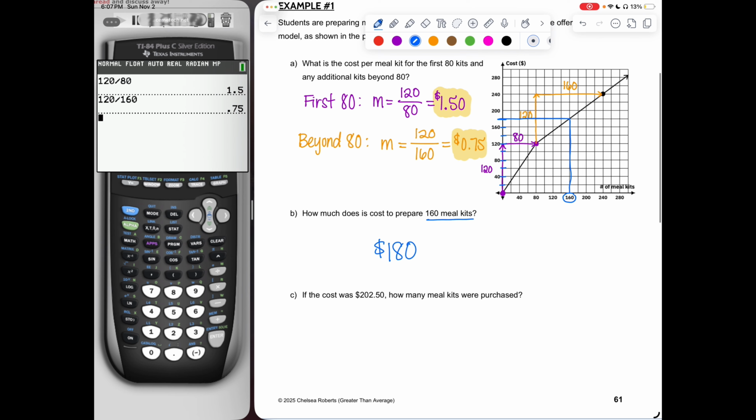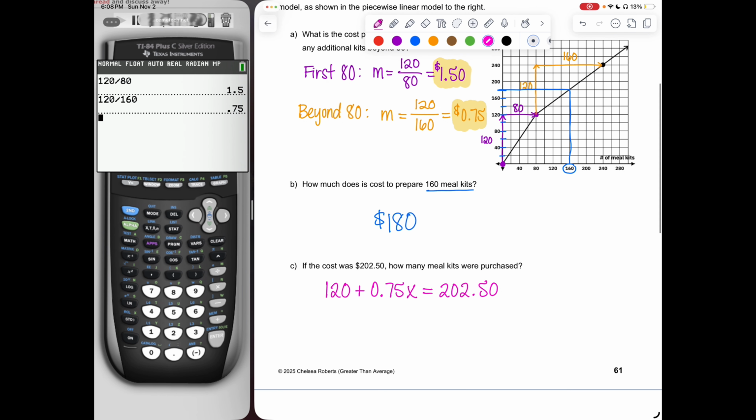Part C says, if the cost was $202.50, how many meal kits were purchased? We know that we have to pay $120 for the first 80 meal kits plus 75 cents per each additional meal kit, and we want to pay a total of $202.50.